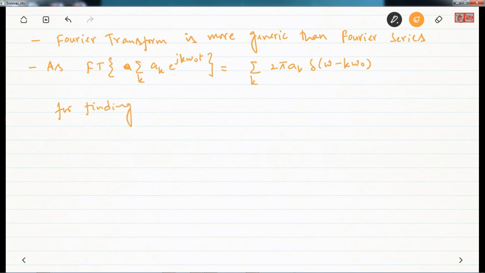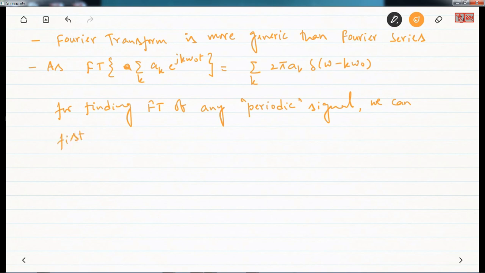For finding the Fourier transform of any periodic signal, what should we do?